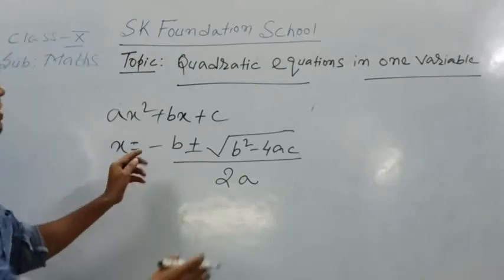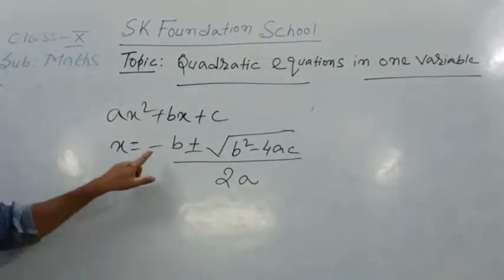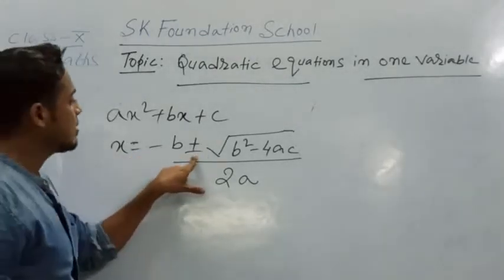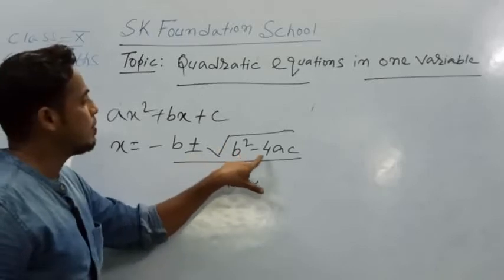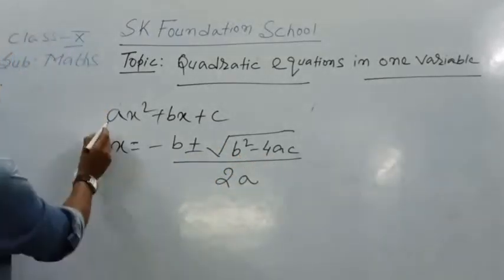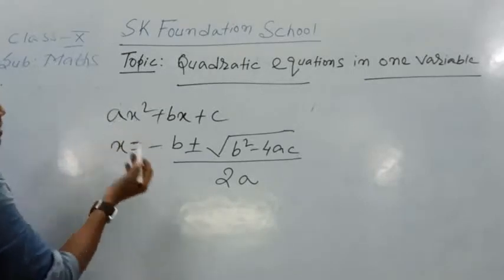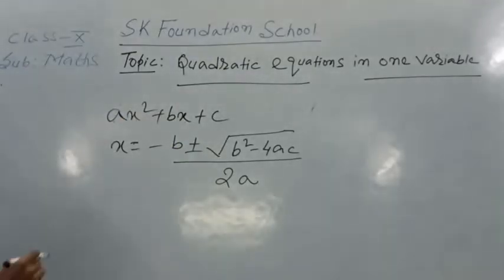By using this formula we find the value of x. Here a means the coefficient of x square and b means the coefficient of x. Okay, so this is the main formula.